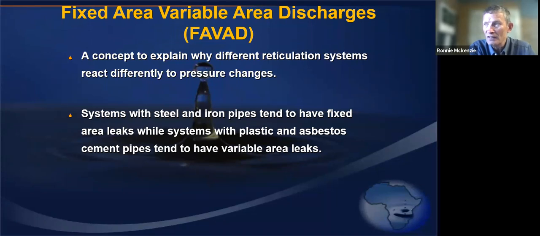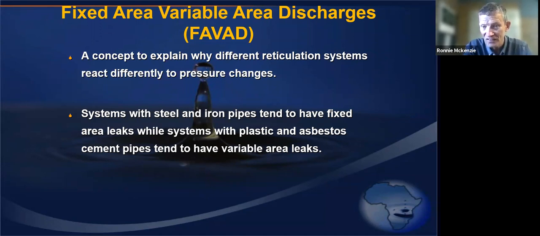Basically, in summary, if you have systems that are made of metal pipes, you typically get corrosion holes, and those holes will remain the same size during a day. Obviously over a year or two, the hole will increase, but over a 24-hour period, that hole remains the same size.